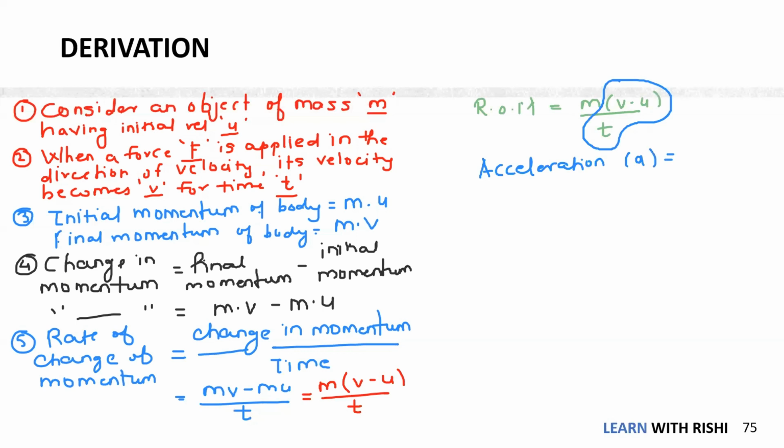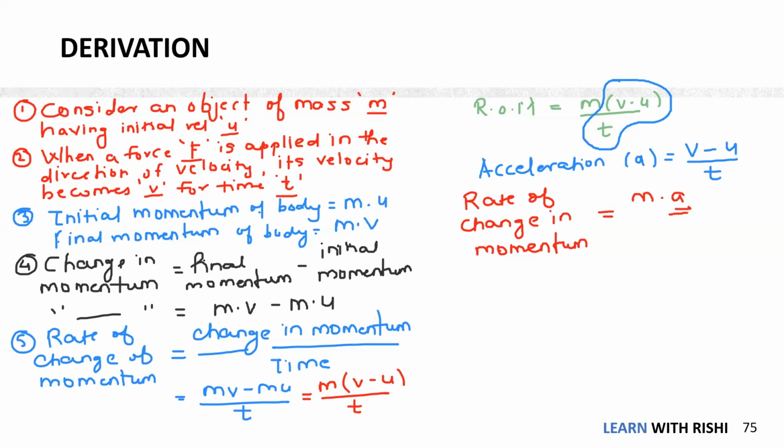Change in velocity means final velocity minus initial velocity upon time. So we can replace this (v minus u) upon t with acceleration. Therefore, rate of change in momentum is equal to mass into acceleration.